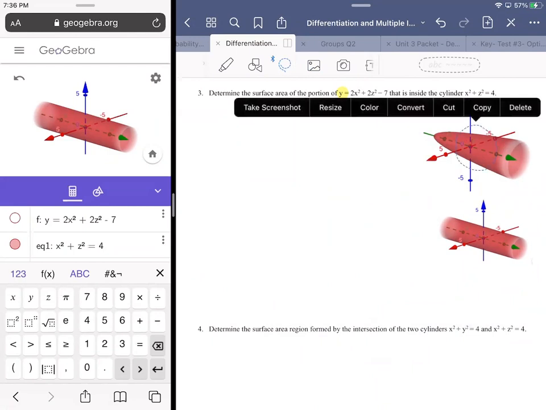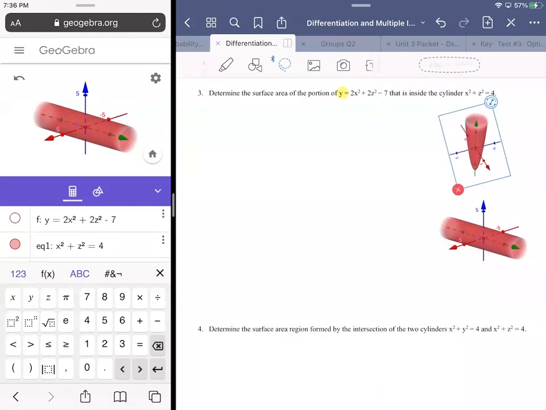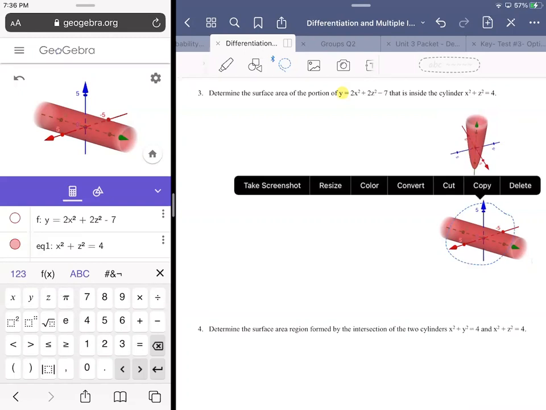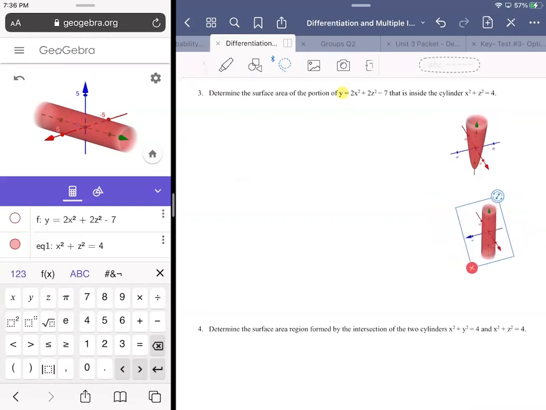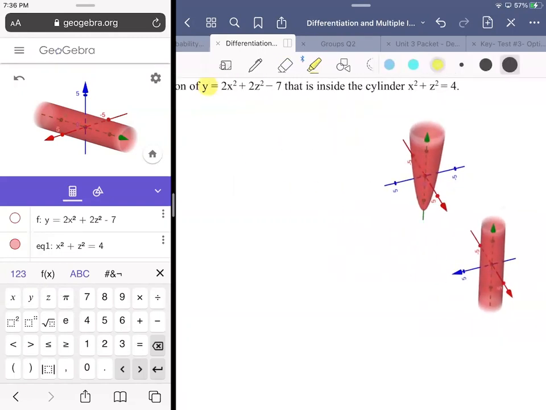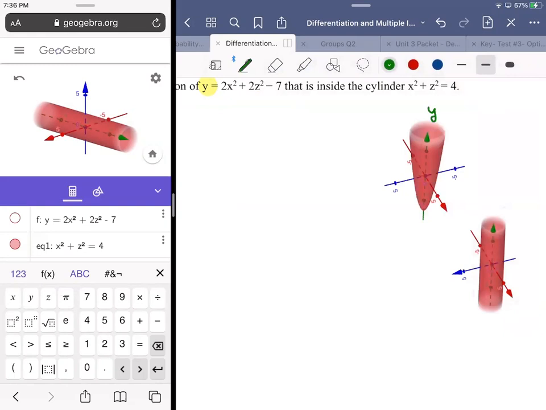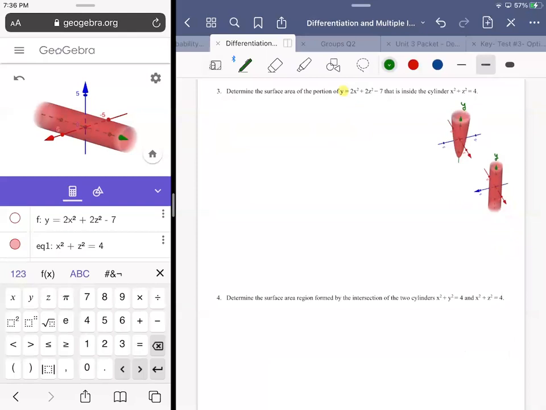If we could change this, and let's see if it'll let me do it, we could change it so that it looked like that, and change this so that it looked like that. Then we'd be in business. This is the y-axis here, and I want that to be the z-axis.